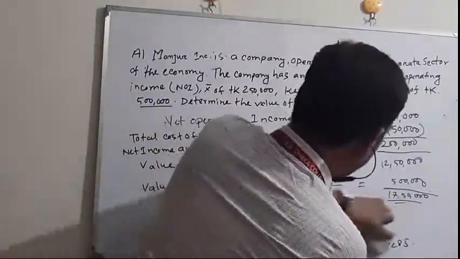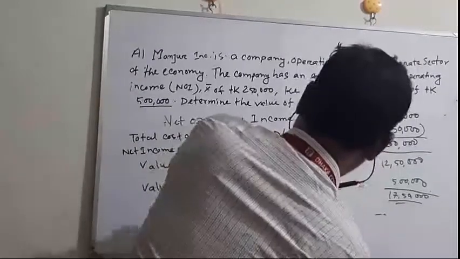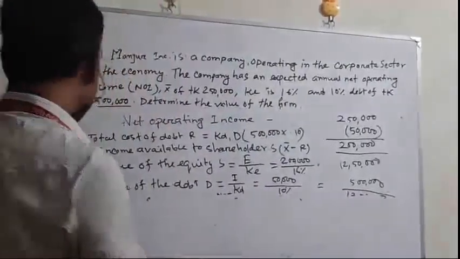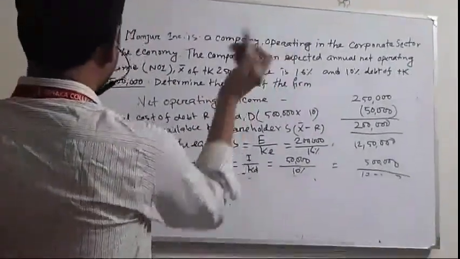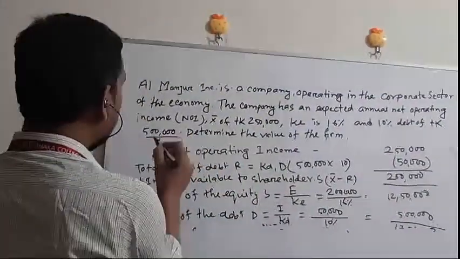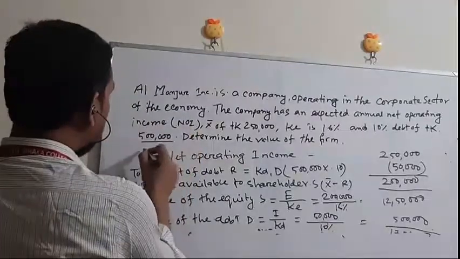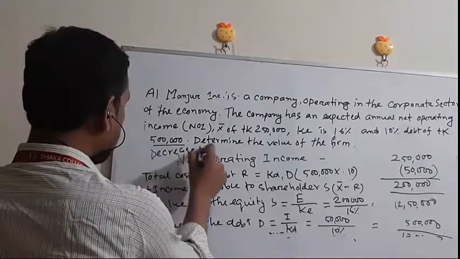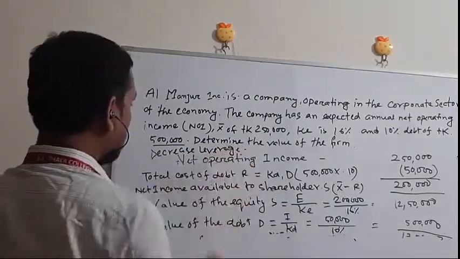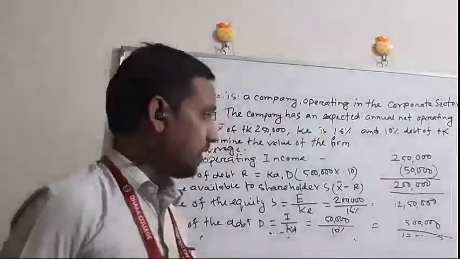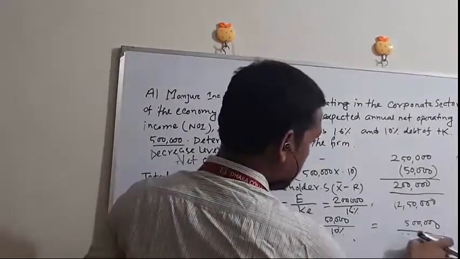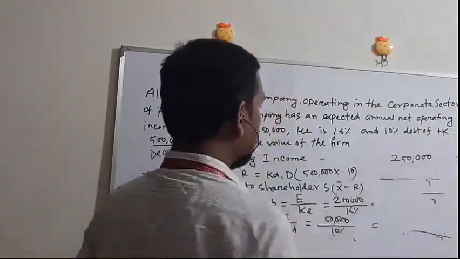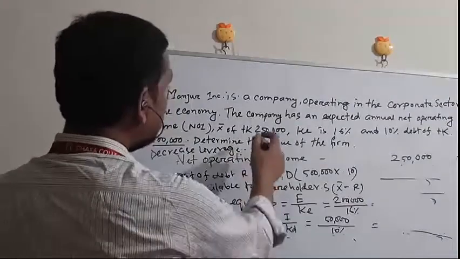If we decrease the leverage, say if we decrease leverage, and then leverage is decreased by 2,50,000 taka.